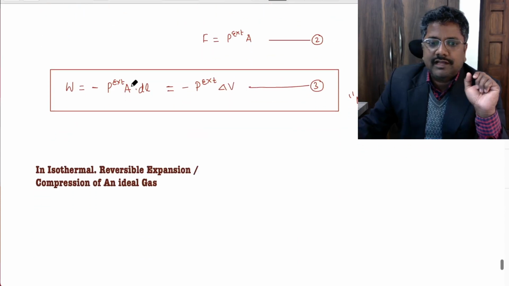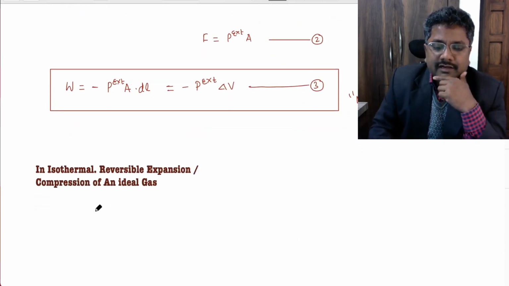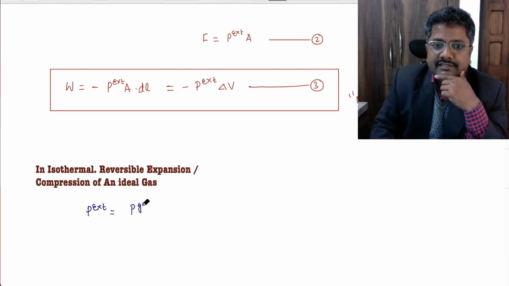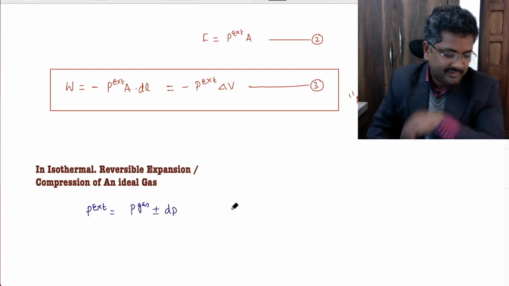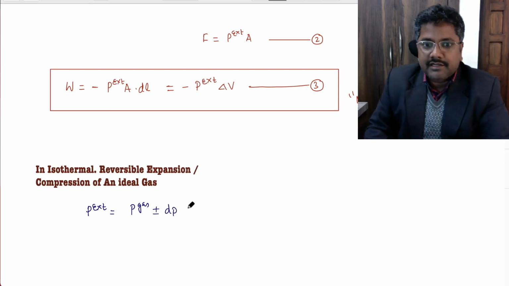So we can write here P external is equal to P gas plus minus dP, right? This is the equation for reversible change.